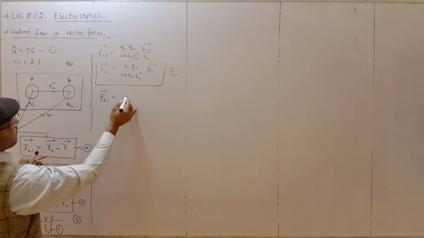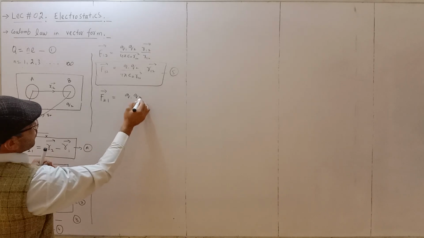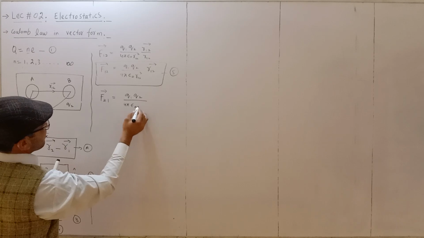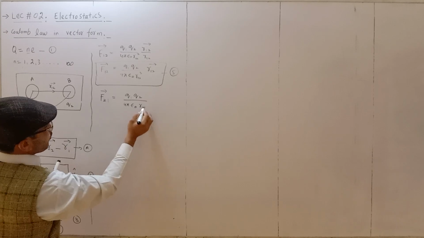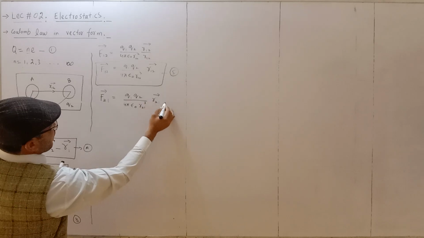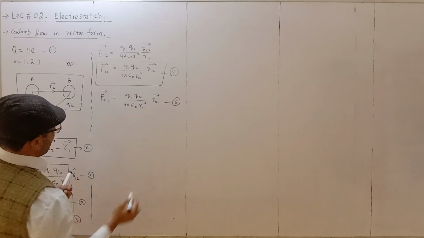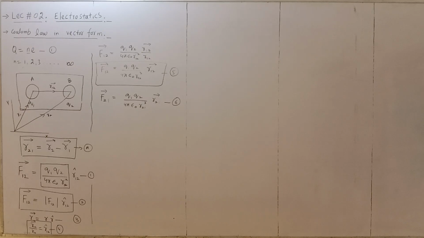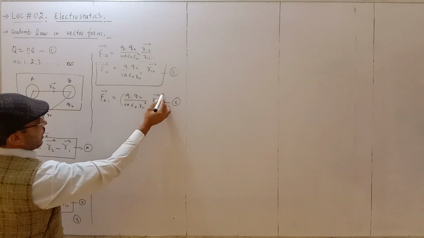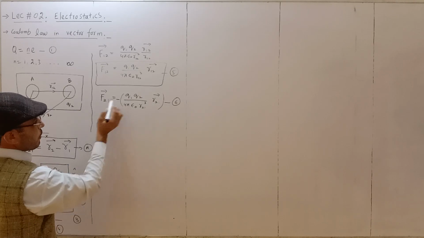So this will become Q1 Q2 divided by 4 pi epsilon naught r21 cubed into the r21 vector. So this will become equation number 6. But here the direction of this F21 will be minus.